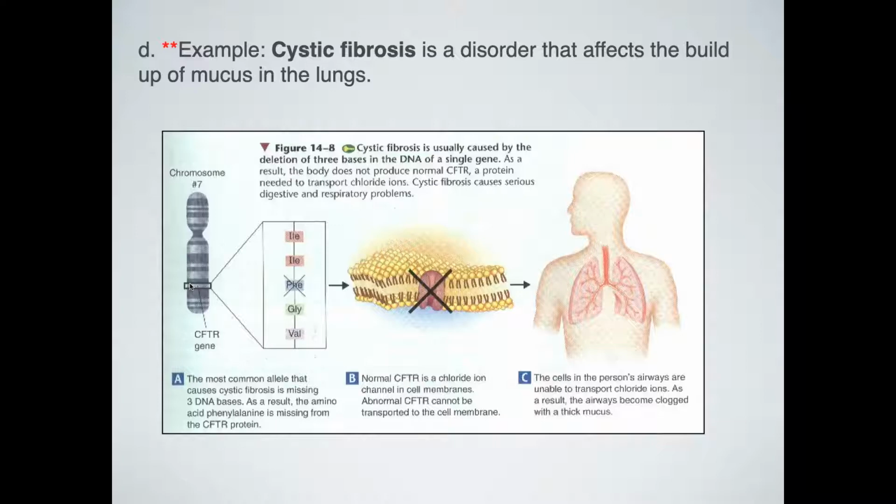And so just simply not having this amino acid is going to mess up the ion channel in your lung cells' cell membranes. Because you can't move chloride ions through the ion channel effectively, you end up building up mucus in your lungs. And so cystic fibrosis is an example of, like we said, an autosomal recessive disorder.